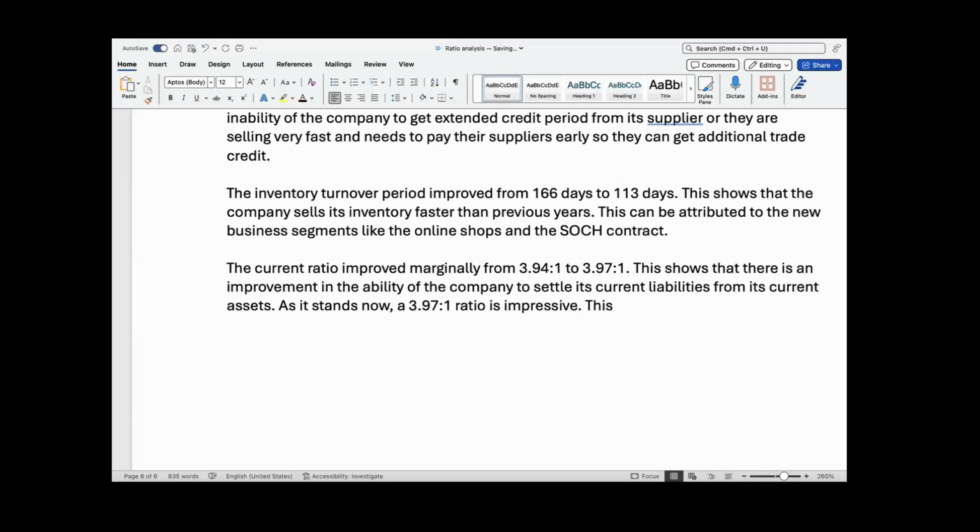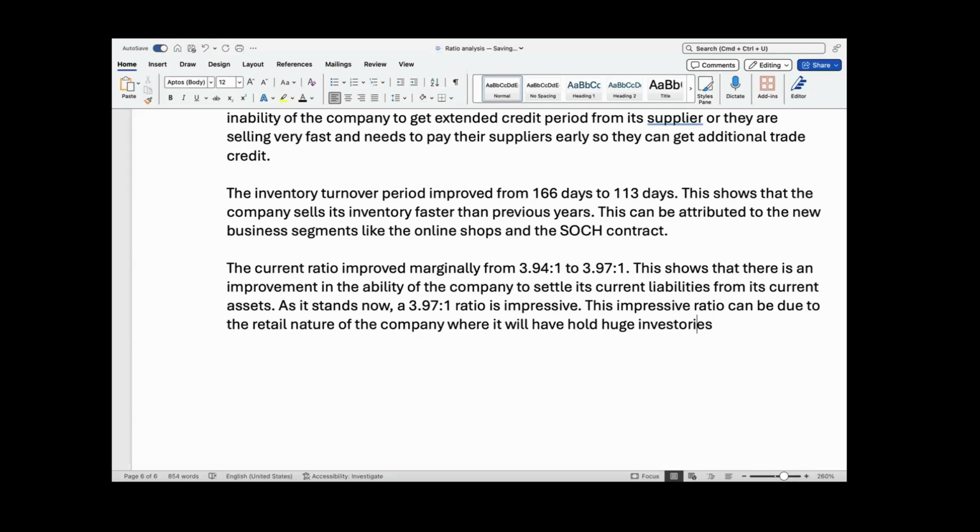And this impressive ratio can be due to the retail nature of the company, where it will have to hold huge inventories.